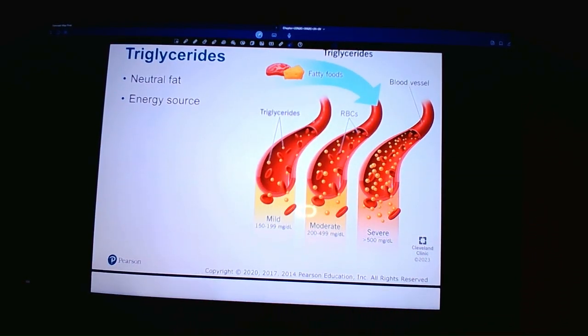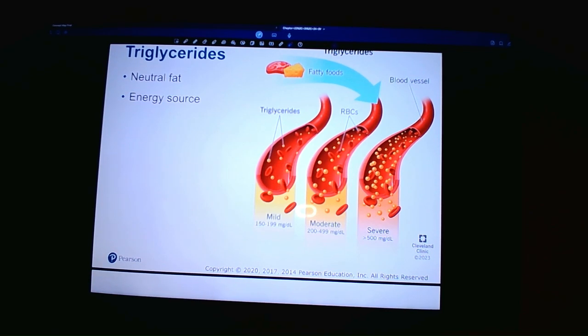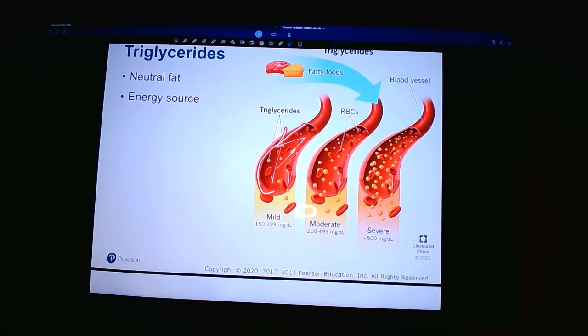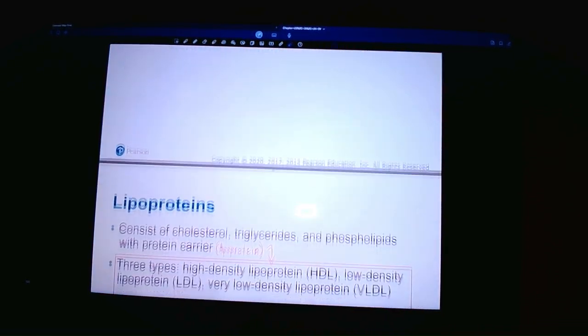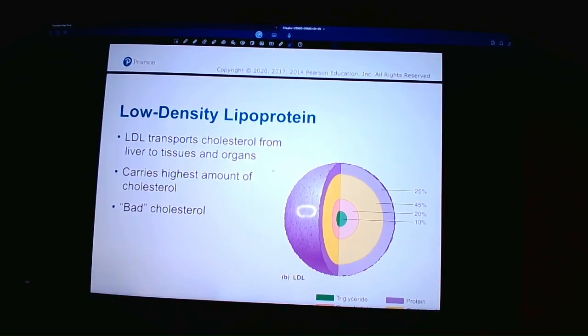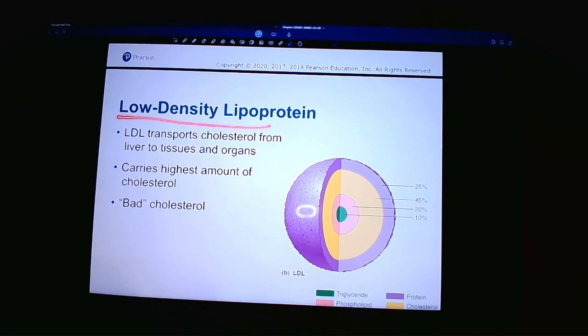We talked about earlier that we want all our fuel, all our inventory for whatever processes we need, right here so the blood can take it as soon as possible. So I want you to associate LDL with liver to vessels. It starts at the liver and takes it to the blood vessels.